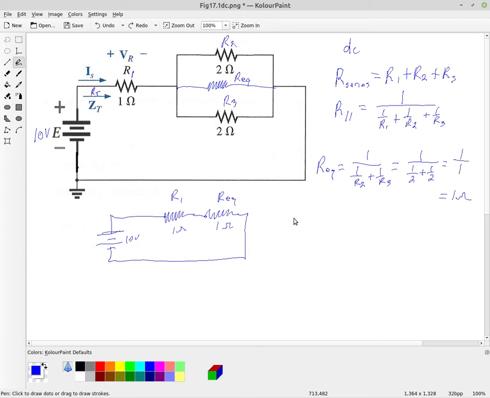So now we can calculate our total resistance here. We have two resistors in series, so this is going to be R1 plus R equivalent.